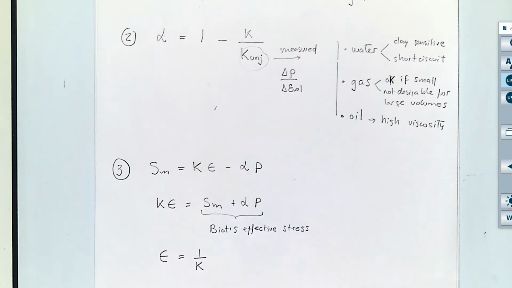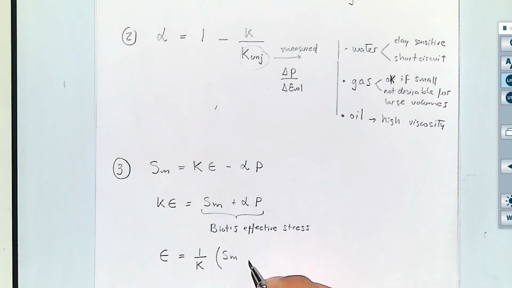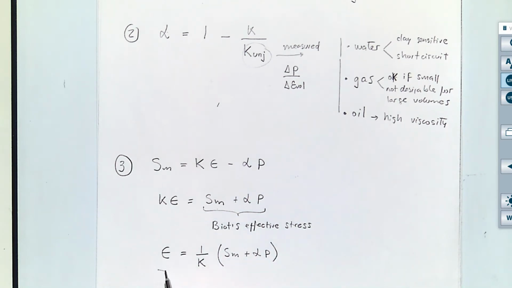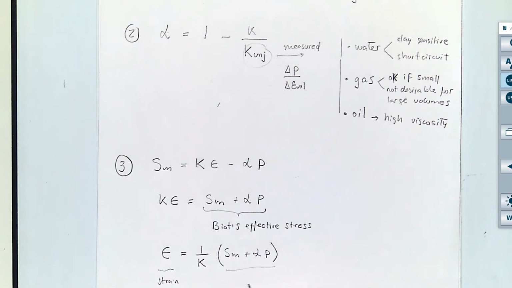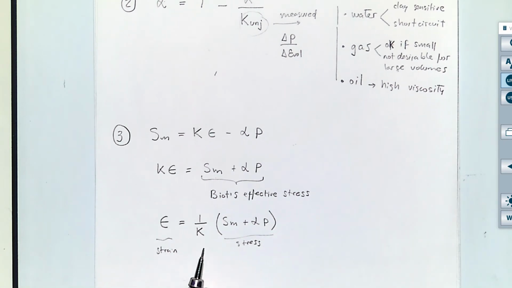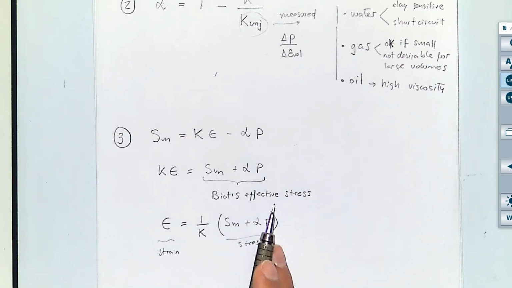It depends on both of them, and that's a Biot effective stress. So there is a unique relationship between strain and stress through the bulk modulus, but only when you have Biot effective stress.